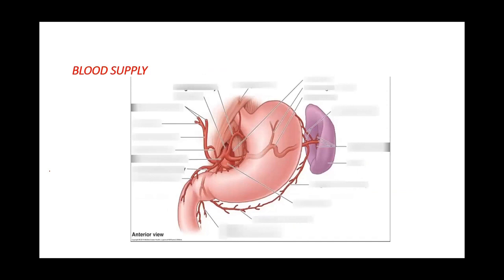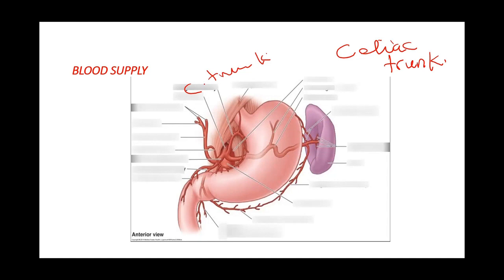Now, the blood supply of the stomach. The stomach is supplied by branches from the celiac trunk. The celiac trunk, this is the celiac trunk, is an anterior branch of the abdominal aorta.